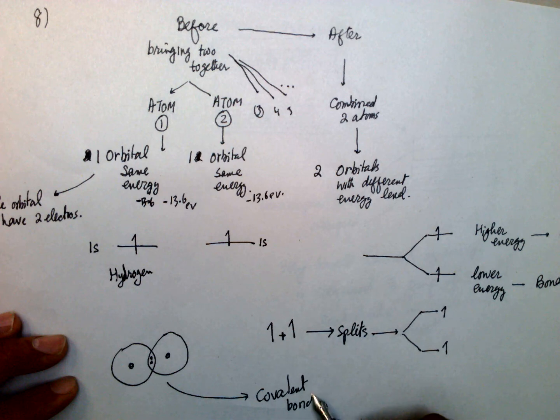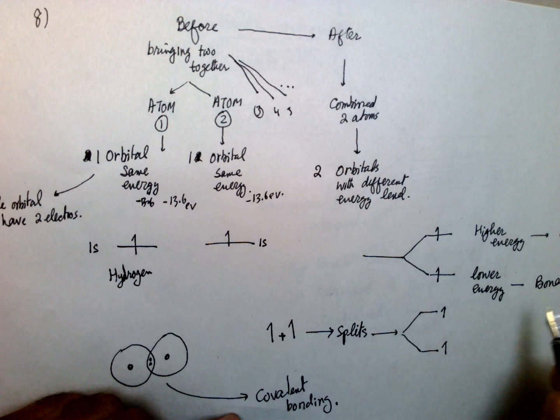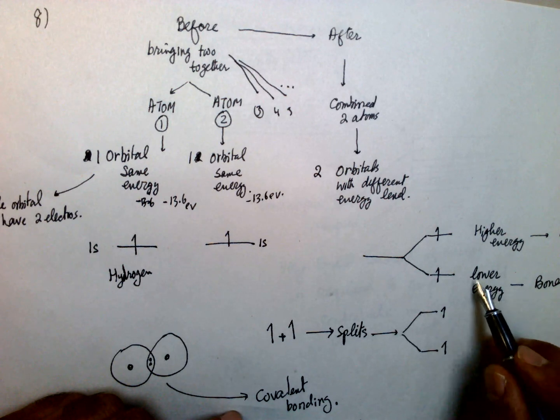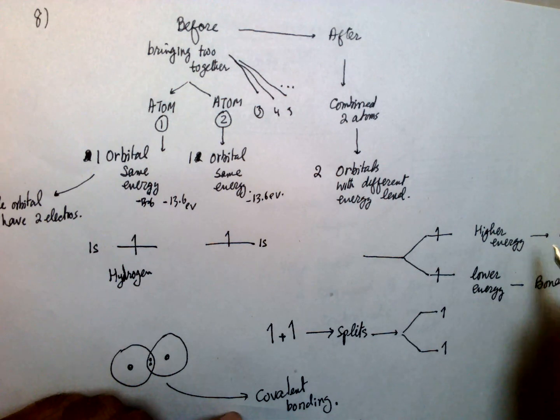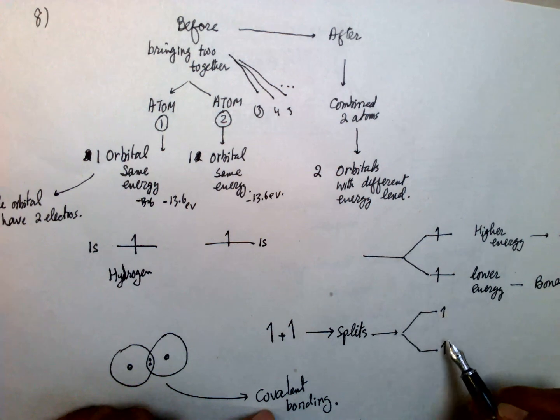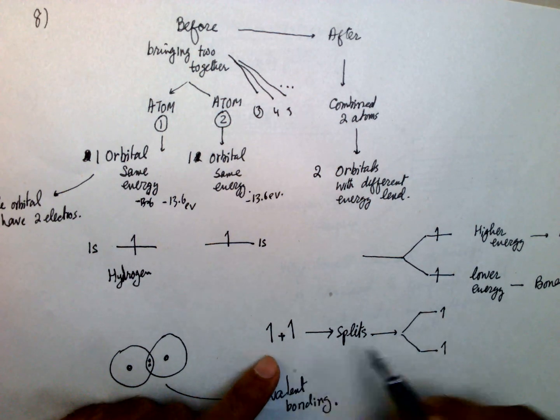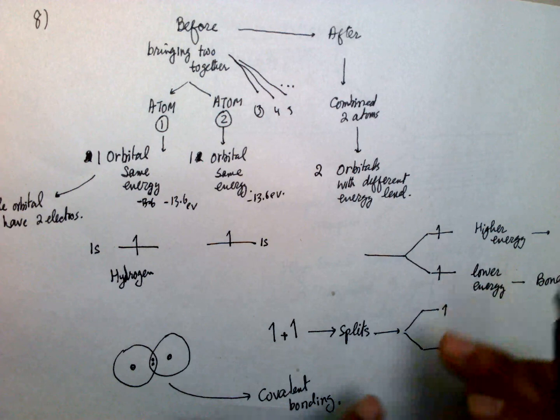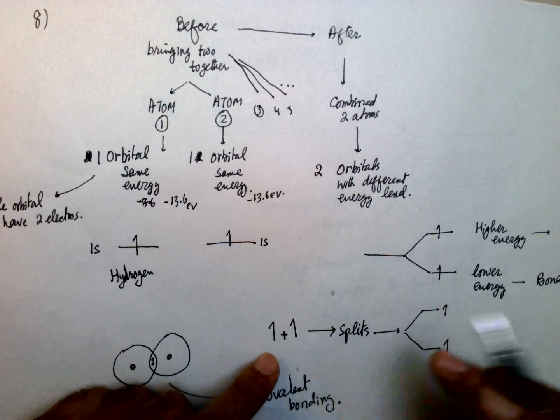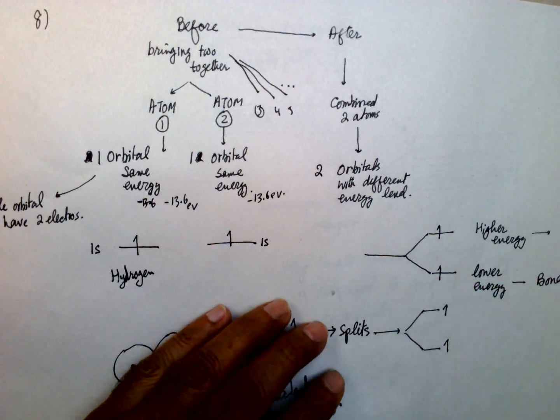Covalent bonding is stronger because one level has a lower energy and the other a higher energy. Two levels of the same energy split into two levels of different energies.